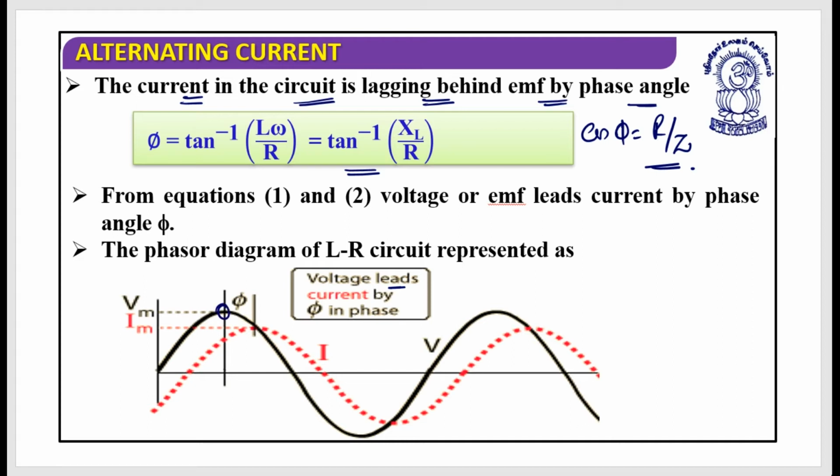You can see that at this instant of time voltage becomes maximum, and at this instant of time current becomes maximum. So this clearly represents that voltage is leading the current by an angle of φ. I hope this is clear.